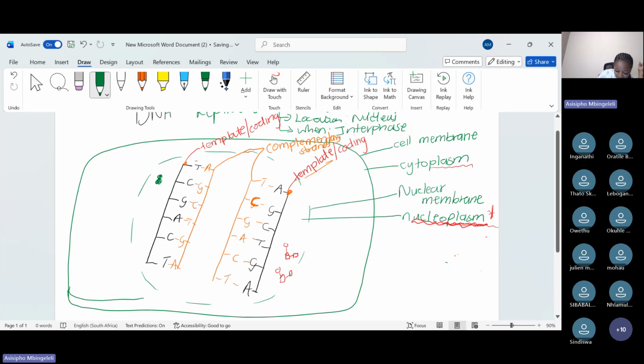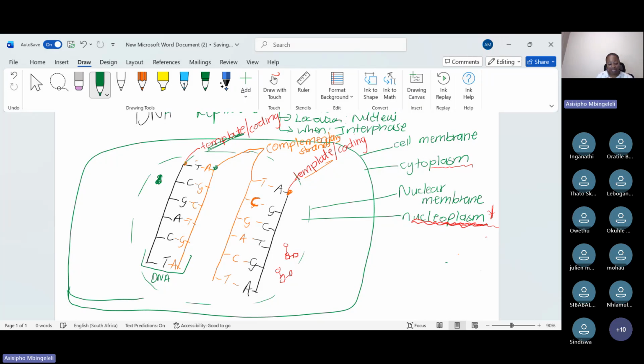Each molecule, this is a DNA molecule. And this DNA molecule is made up of what? An original strand. Remember, this template strand was the original strand. And it is also made up of what? Of a complementary strand.